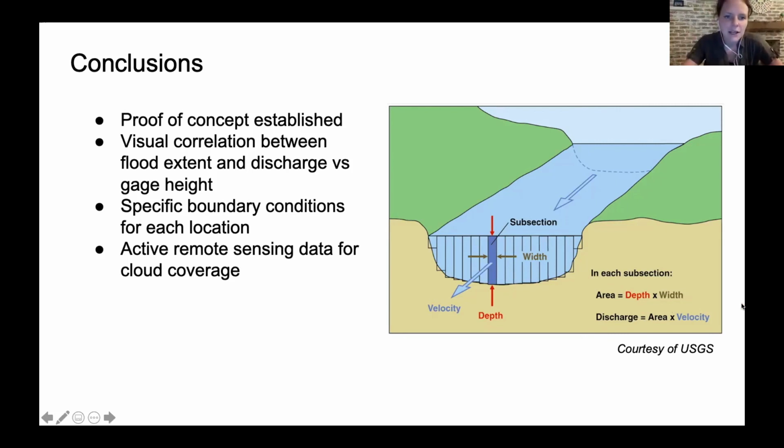And then lastly, we learned that because of the cloud coverage issue, it might be beneficial for this analysis to consider using other active remote sensing data, such as Sentinel-1, something that has radar capabilities, so that we can circumvent the cloud coverage issue.